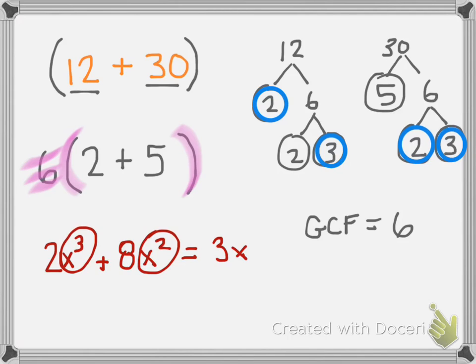The only way that I can solve that problem is to use the distributive property and find a common factor. Right now, the common factor between these two is a 2 and an x squared. So the common factor is 2x squared, and then I can divide. 2x cubed divided by 2x squared is x, plus 8x squared divided by 2x is 4.